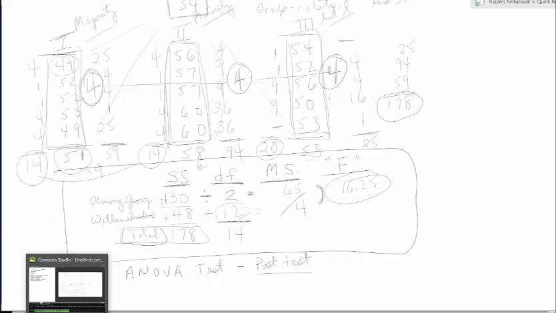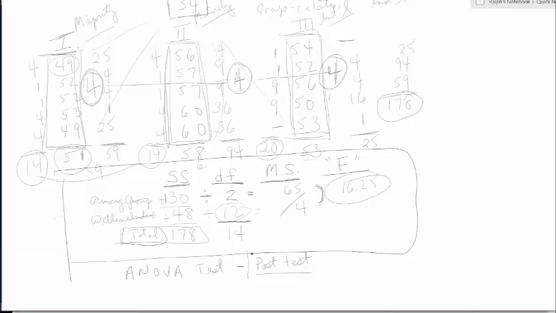Now, if we wanted to test individual differences between individual groups, then what we would need to do is a test after a test, also called a post-test. And I'll show you just in a little bit that SPSS allows you to do a post-test as part of the ANOVA in order to determine where you can claim that there are observed differences between what groups.